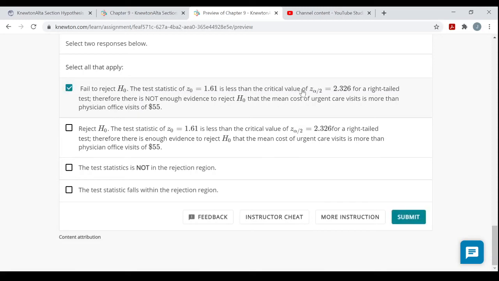I don't know why this is alpha over 2. This shouldn't be alpha over 2. Yeah, this should not be alpha over 2. There's a typo here, but still, we would fail to reject the null.